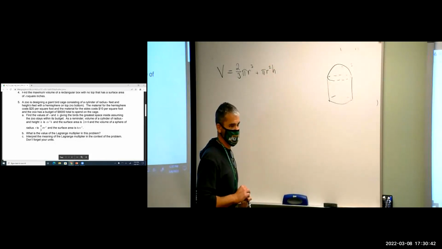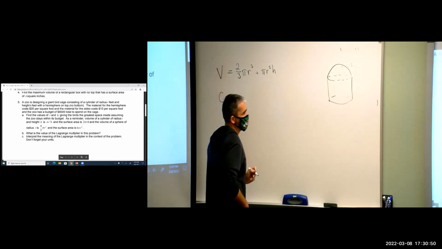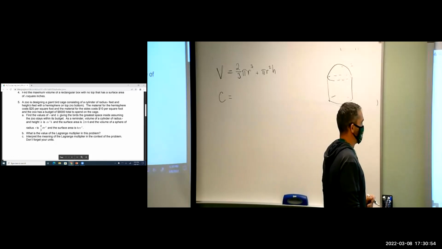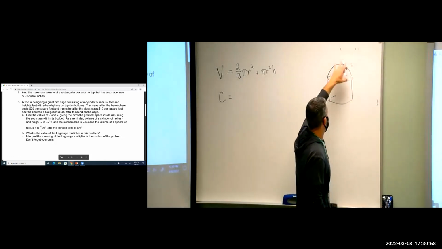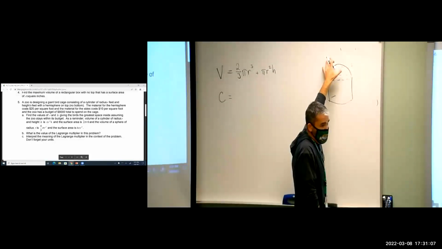That's our objective function. Now our constraint, call it C. That's going to be the cost of this thing. First, the surface area of the hemisphere. The surface area of a sphere is 4 pi r squared. Again, we only need half of it.